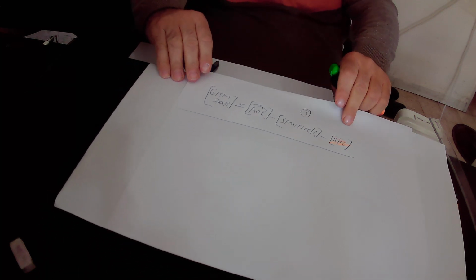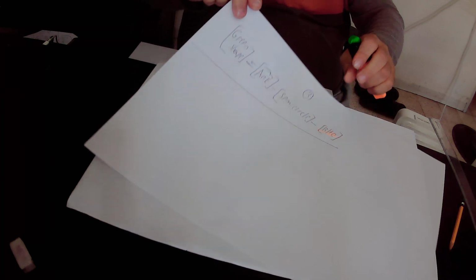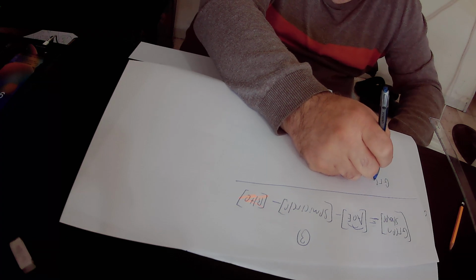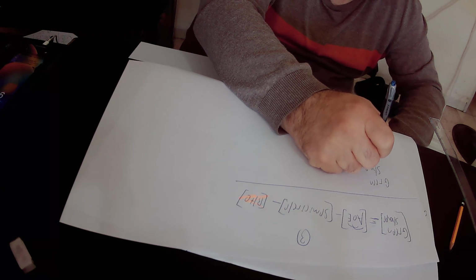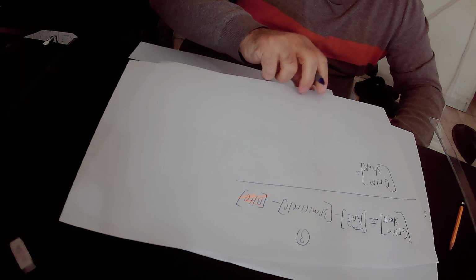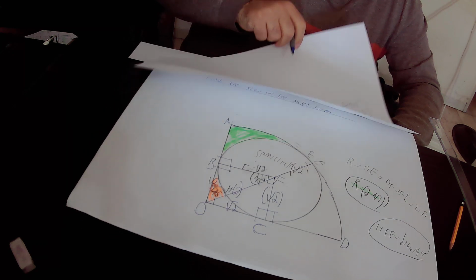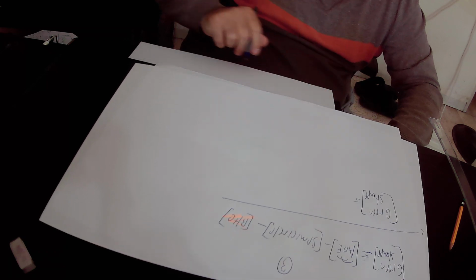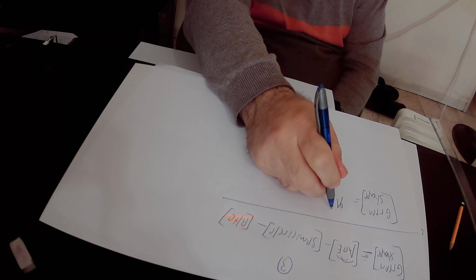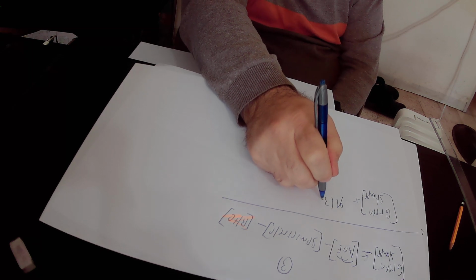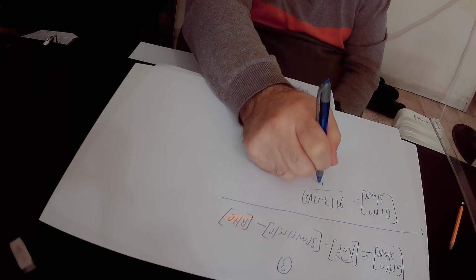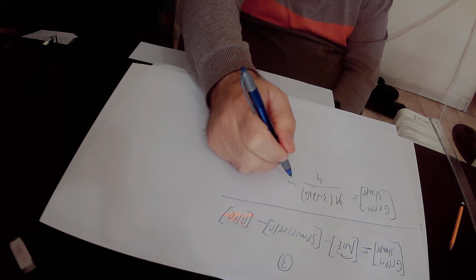So the area of the green shape in total will be equal to the area of the big sector AOE, and we already found out that the area of the big sector AOE equals pi times 3 plus 2 times the square root of 2 over 4 square units, minus the area of the semicircle.